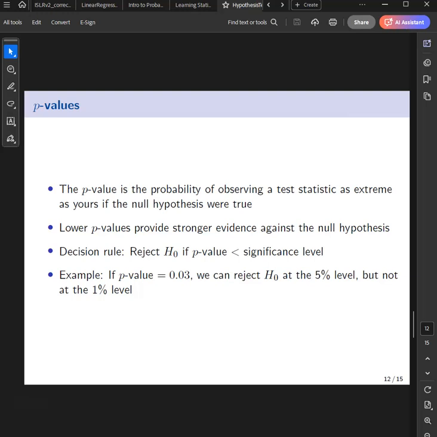A very small p-value means my data would be highly unlikely under the null. The decision rule becomes: reject the null if the p-value is less than my chosen significance level. For example, if my p-value is 0.03, I can reject the null at 5% because 0.03 is less than 0.05, but not at the 1% level, because 0.03 is greater than 0.01.